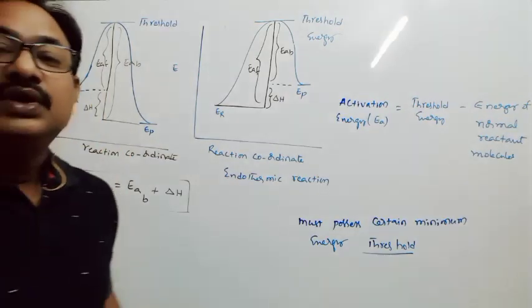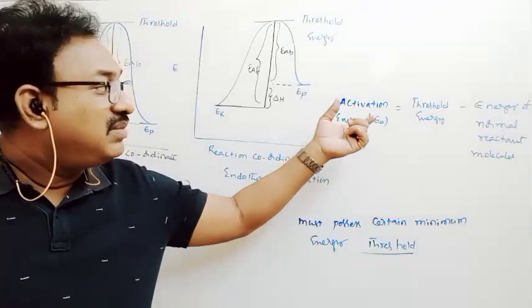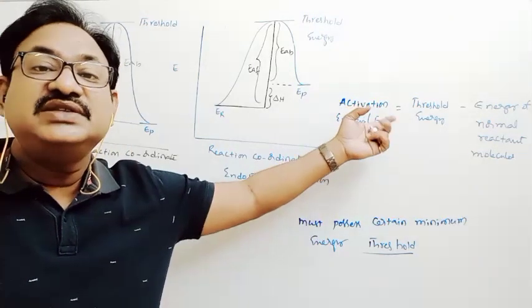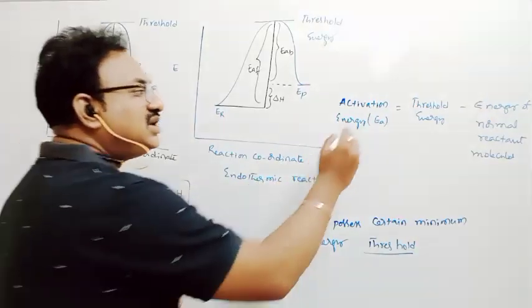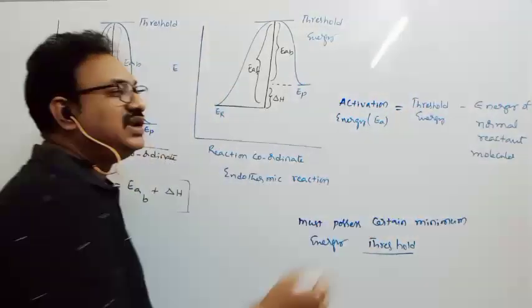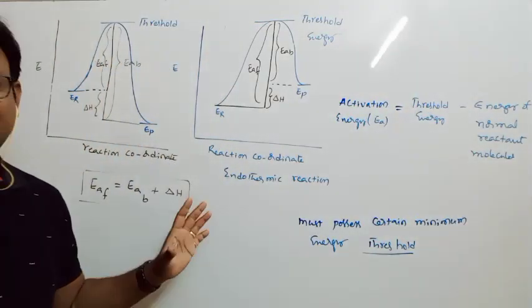So threshold energy minus normal energy of normal molecules gives activation energy.